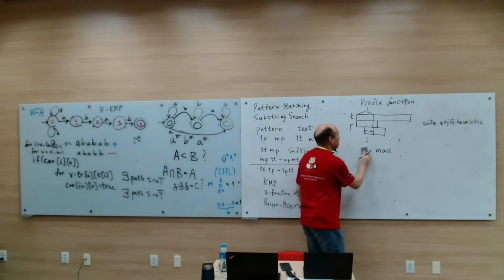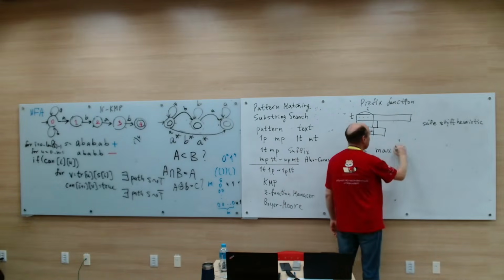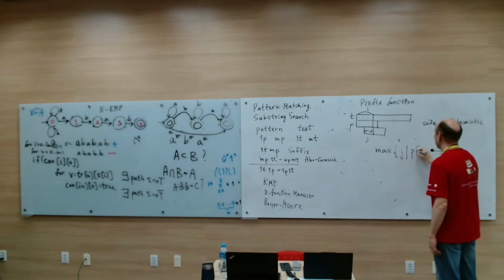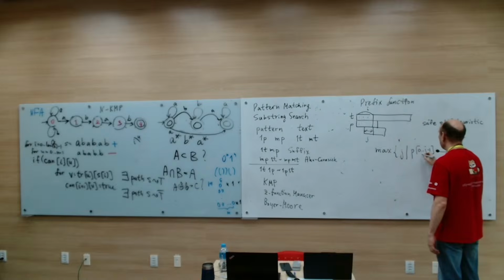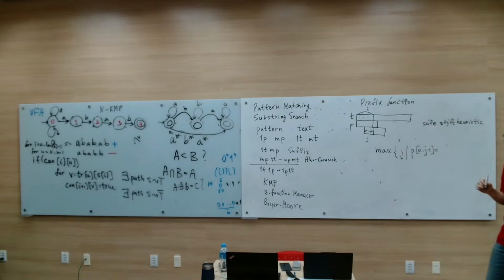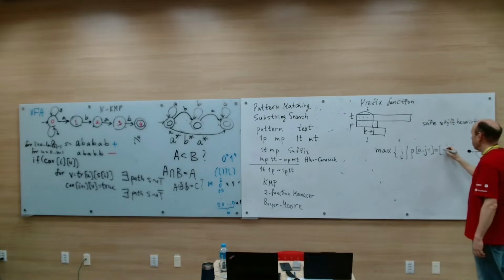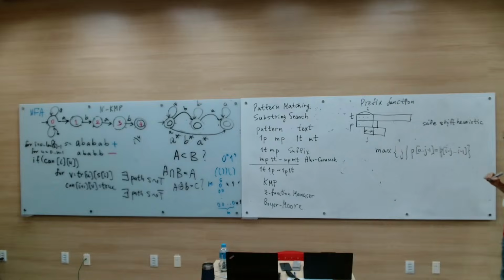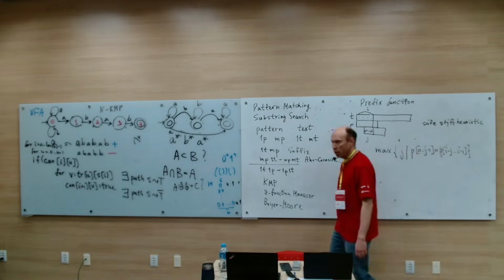Let J be the parameter, the maximum J such that pattern from 0 to J minus 1 is equal to pattern from I minus J to I minus 1. You can put the 0 index as we usually do.